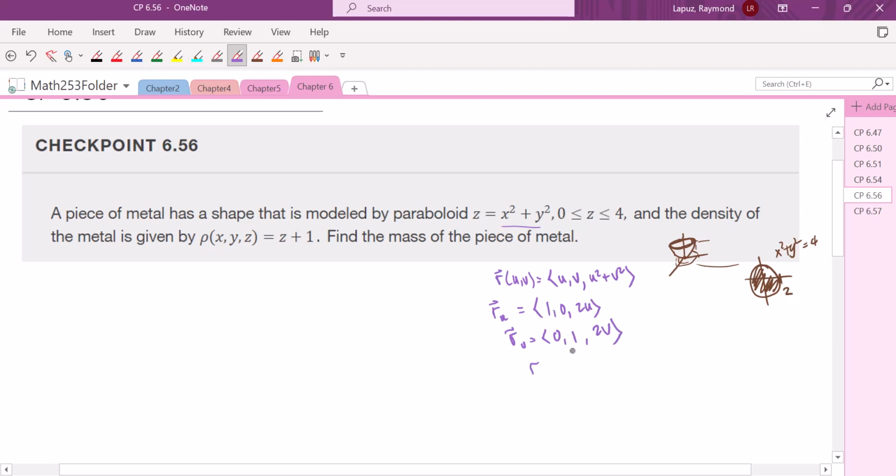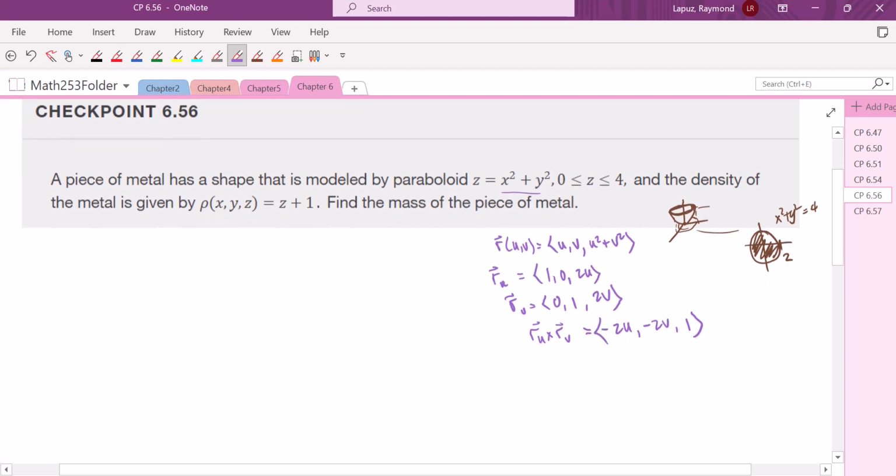Derivative with respect to V is 0, 1, 2V. And so we'll eventually need the cross product. Well, the magnitude also, but let's hold on until we find the cross product. So we will get negative 2U, negative 2V, and positive 1 for the cross product.